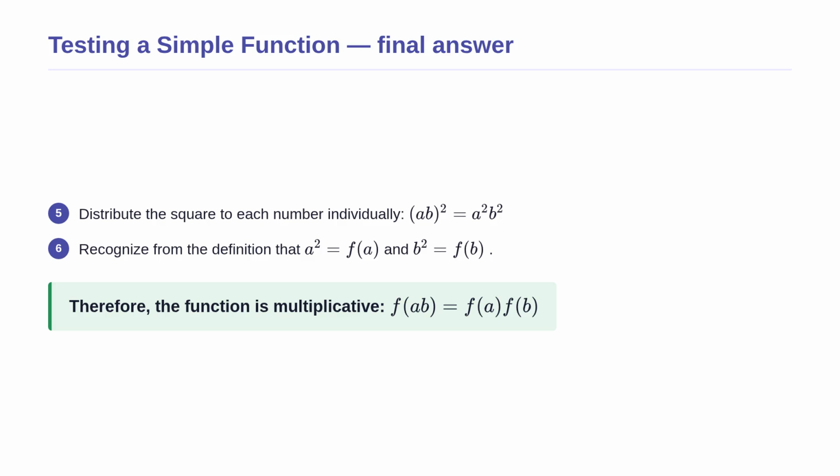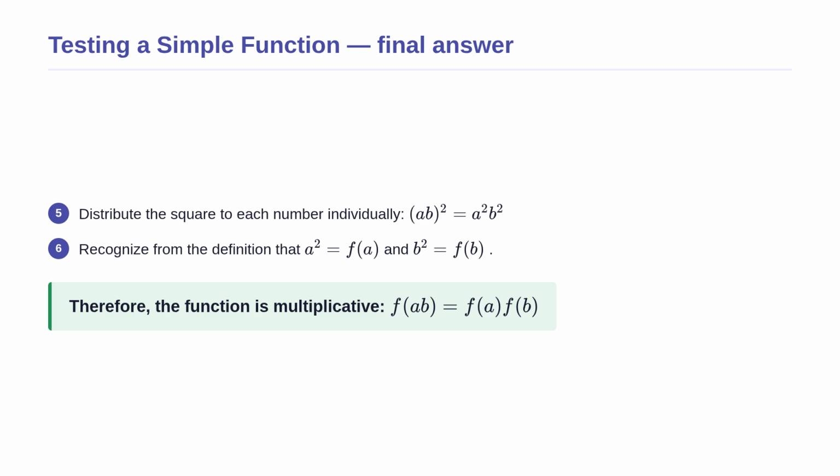Continuing from our setup, we now apply the basic rules of algebra. When you square a product of two numbers, you can distribute that square to each number individually. This algebraic step allows us to break the expression apart into a squared times b squared. Now, we look back at our original function definition.